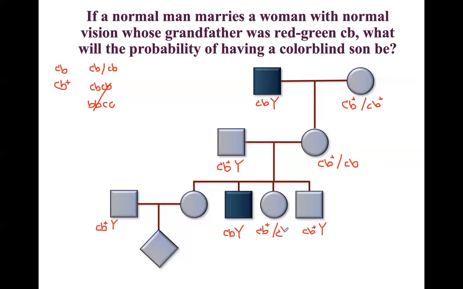You want to follow the diseased allele. What's the chance of that? 1/2. Either CB plus or CB, we don't know. So that's 1/2. This female is the same: 1/2, CB plus, CB.